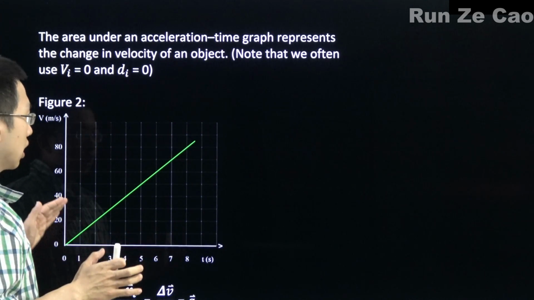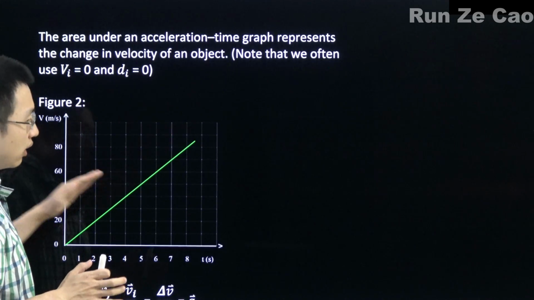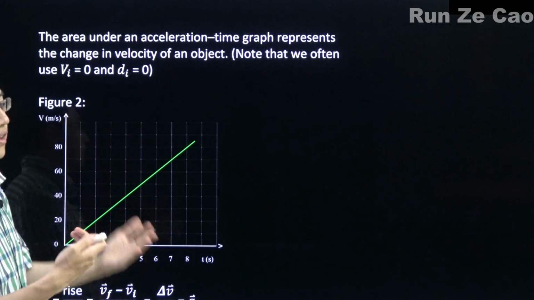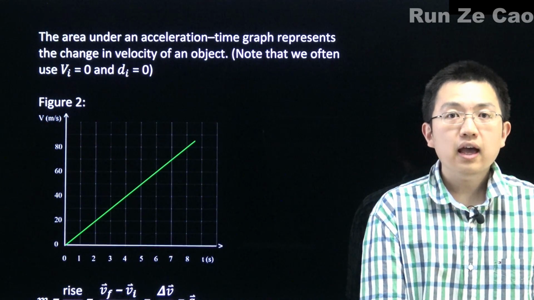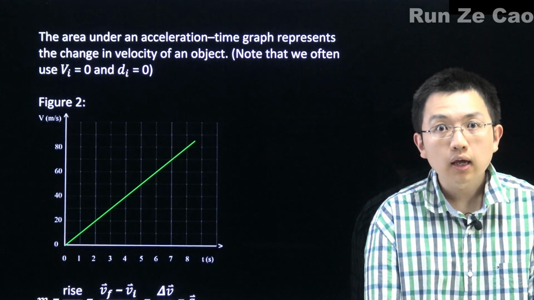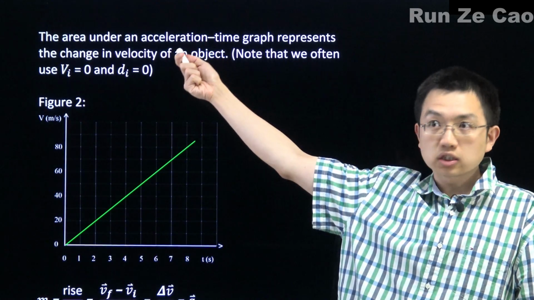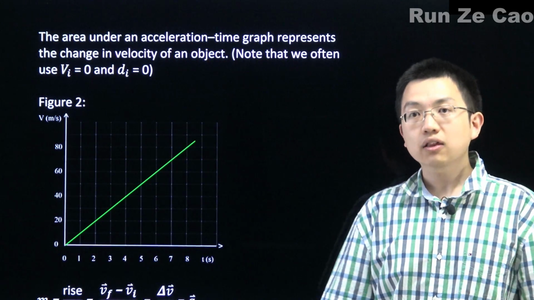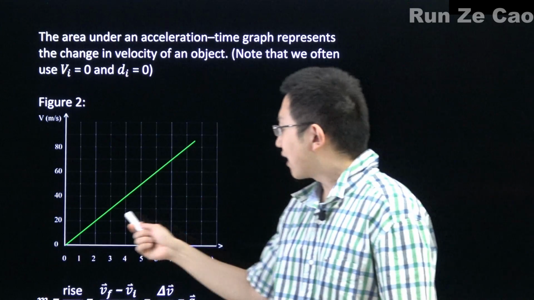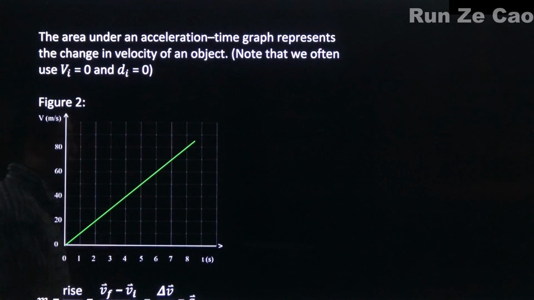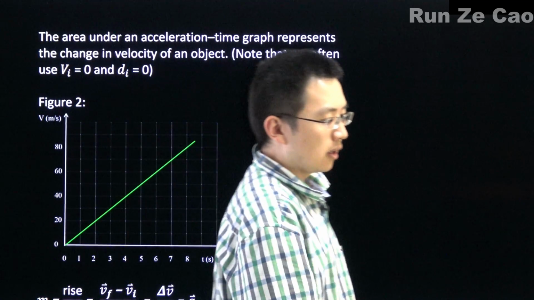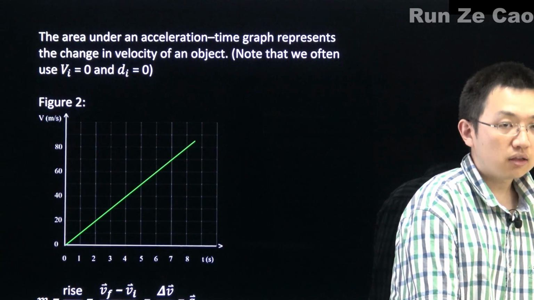If we're dealing with this line, what if we draw a parallel line that also has a slope of 10 meters per second per second? Well, then that's going to be the same acceleration time graph. And that's why you need some value somewhere to nail it down to a particular velocity time graph, like this one, where initial velocity is 0.